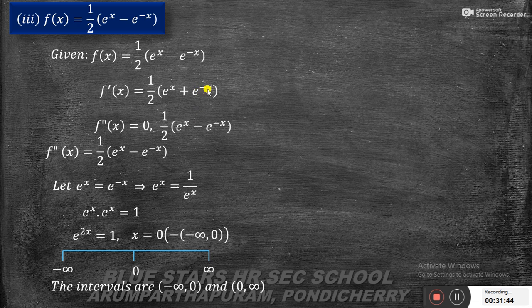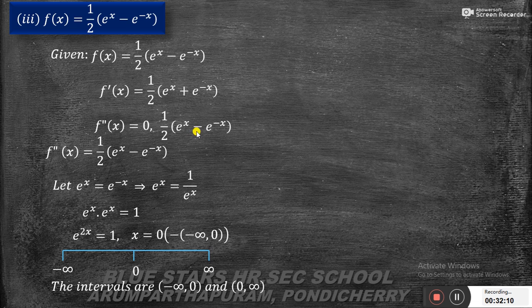Next, the differentiation of e power minus x: since the power is minus, you write minus of e power minus x. Already there is a plus, plus into minus gives minus e power minus x. This is the answer for f double dash of x. So f double dash of x equals 1 by 2 times (e power x minus e power minus x).